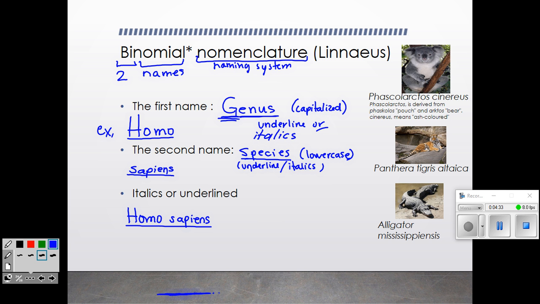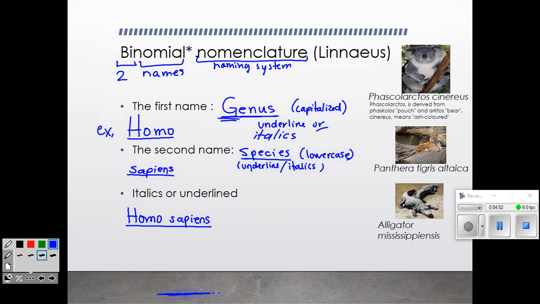Okay? Just so that you understand, for interest, here are a few scientific names, because I thought I would tell you how they come up with these scientific names. The first one, cute little bear, its scientific name is Phascolarctos cinereus.